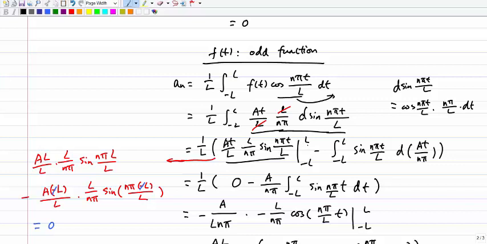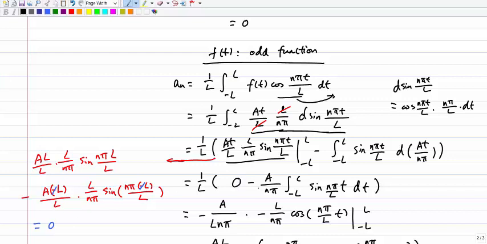If I replace t by L, it's A times L over n pi times sine n pi L divided by L. Minus, replacing t by negative L, A times negative L over L times L over n pi times sine of n pi over negative L. The reason this is 0 is because sine of negative is negative sine, so I can cancel out this negative sign over here, so these two will be the same. That's why this is 0.